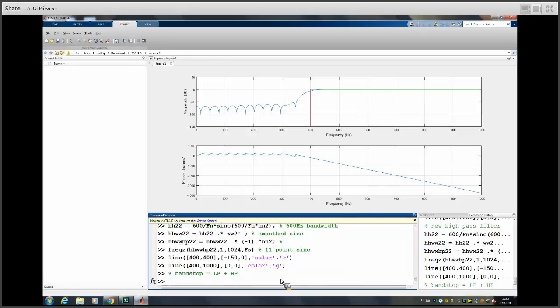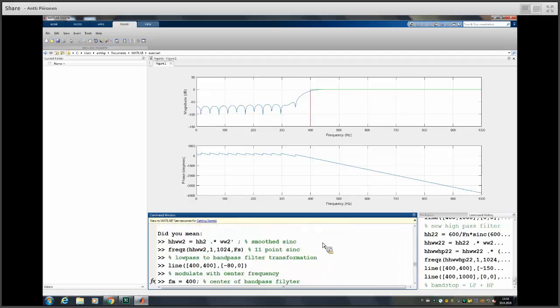And adding FIR filters is extremely difficult since you have to add those parameters. Okay, so HH for band stop equals HHWW2. Okay, was it 2? Oh, no, it was just HHWW.